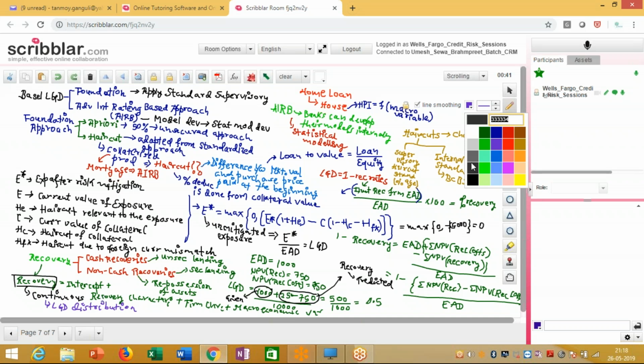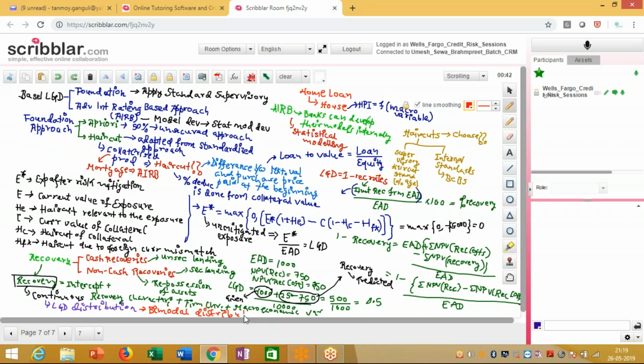One important characteristic of the LGD distribution is that it is a bimodal distribution.